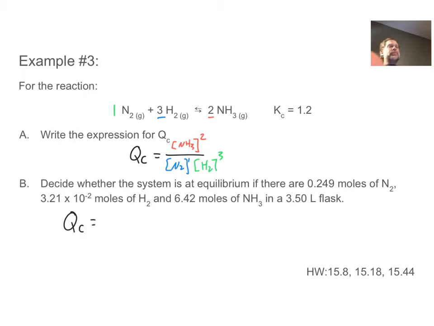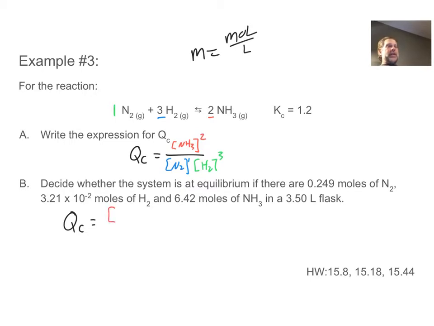So in terms of the NH3, to calculate the concentration, we know that molarity is moles over liters. And since we know the entire volume of the flask, and we're talking about gases, and gases expand to fit the entire container that they're put in, I'm going to write the expression to look something like this.